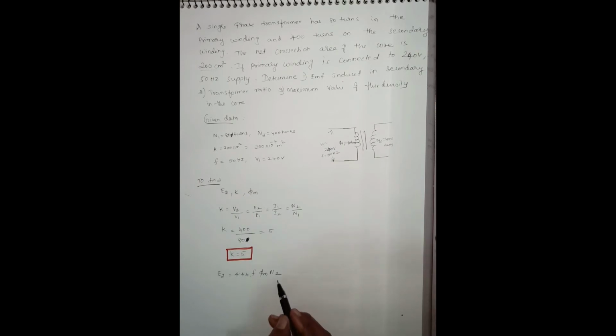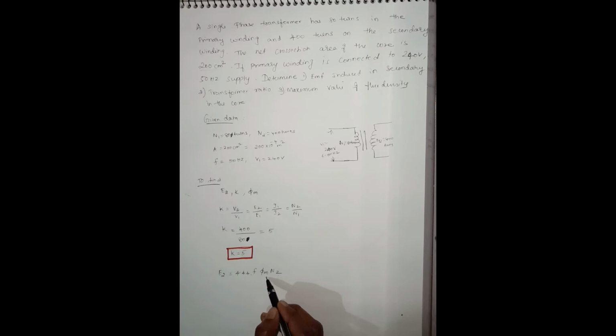Okay. Now we have found out the K value. Next, they are asking you to find E2. What is the formula? E2 equal to 4.44 F phi m N2. Frequency is given, N2 is given.